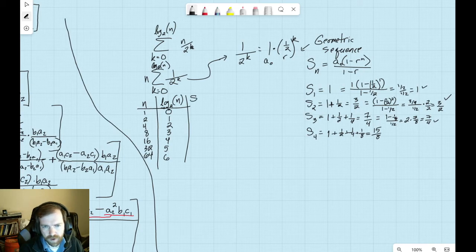So this is going to be partial sums with log base 2 of n. So 0 to 0 is just going to get you 1. 0 to 1 is going to get us 1 plus a half, which is going to be 3/2.